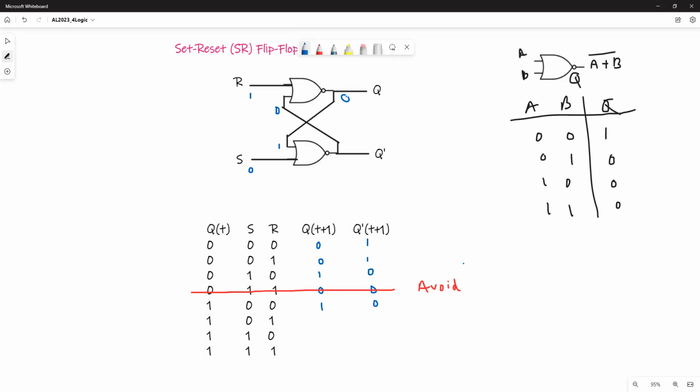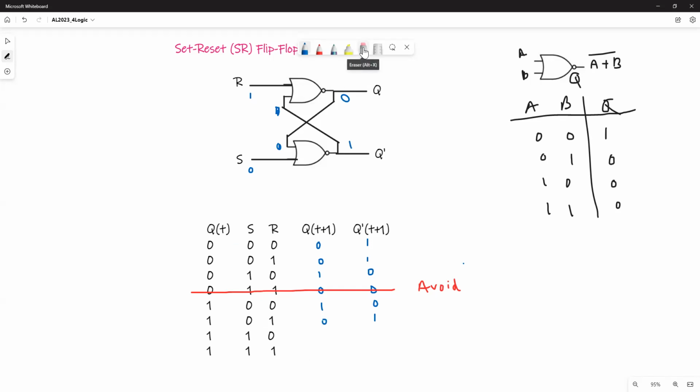So that means this is not stable. This becomes 0. So when you have 0, 0, this is 1. Again, not matched. So this will be 1. So when you say 1, 1, this is 0. That is matched. 0, 0, this is 1. It's matched. So which means the next one, Q is 0 and Q bar is 1.